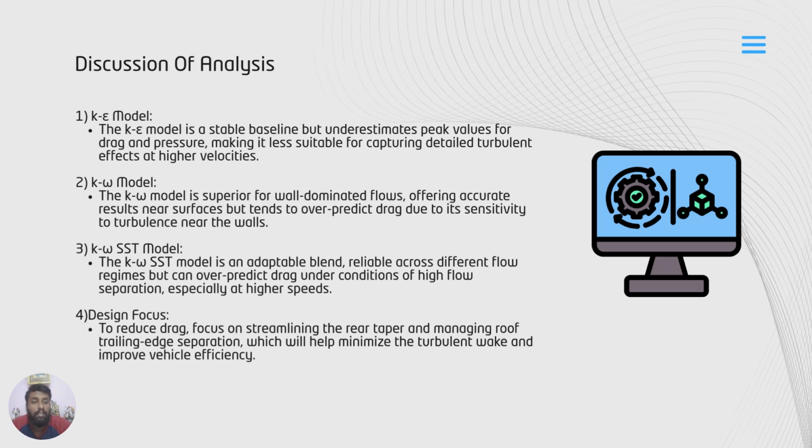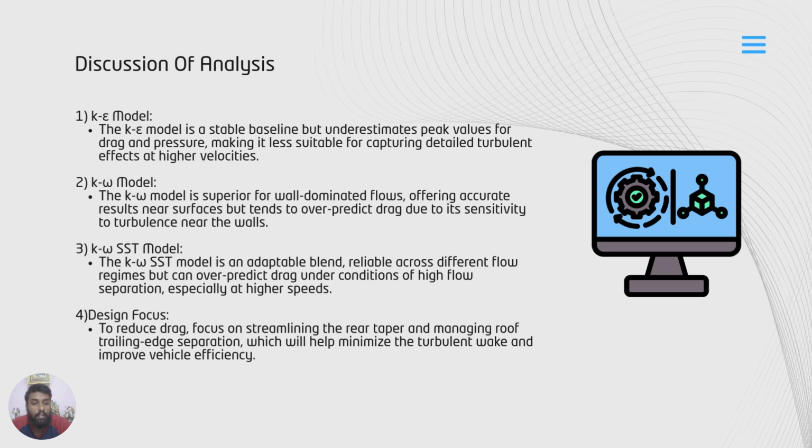Discussion of analysis. The KE model is a stable baseline but underestimates peak values for drag and pressure, making it less suitable for capturing detailed turbulent effects at higher velocities. The KW model is superior for wall-dominated flows, offering accurate results near the surface, but tends to overpredict drag due to its sensitivity.